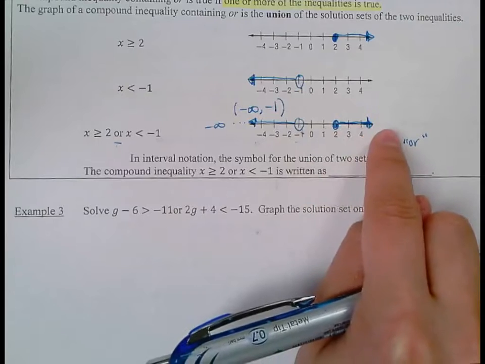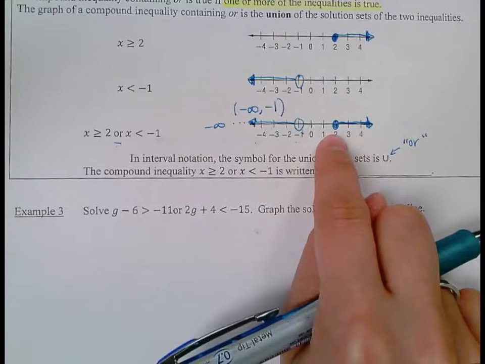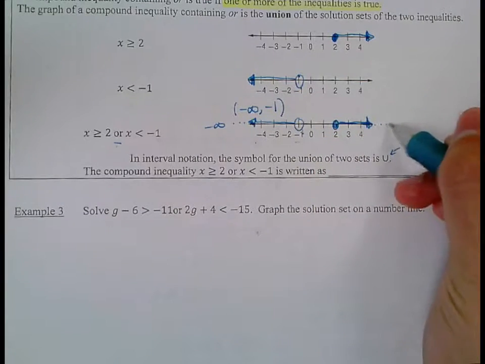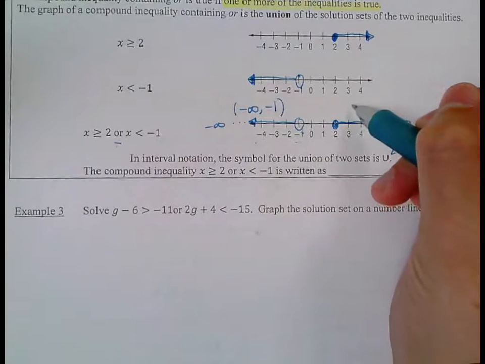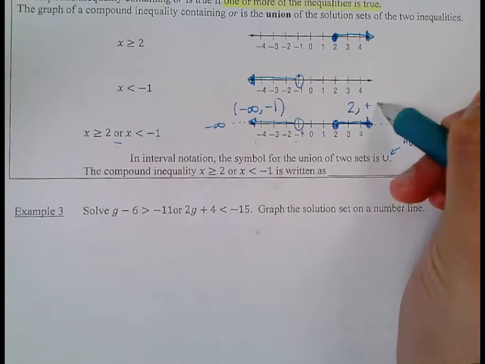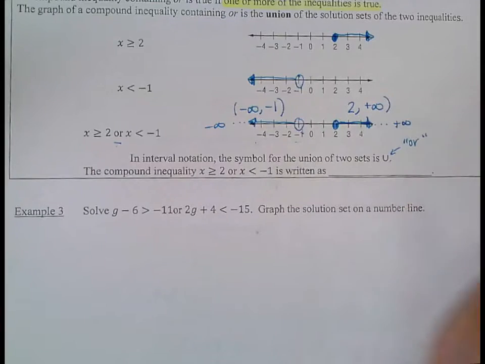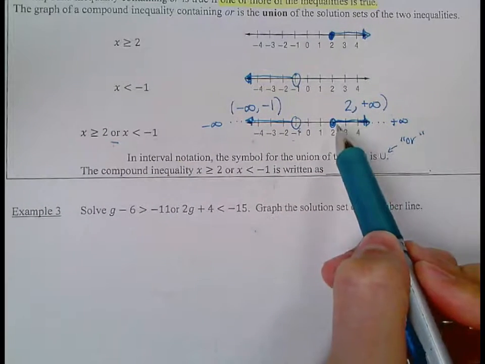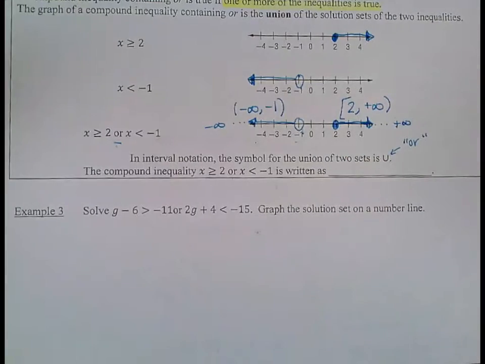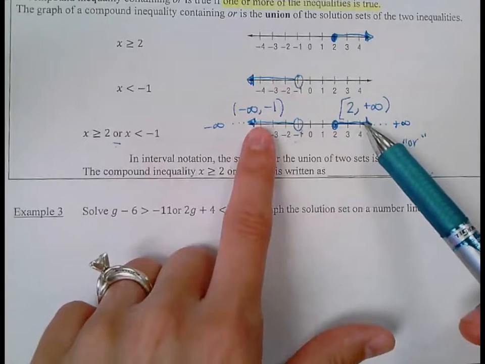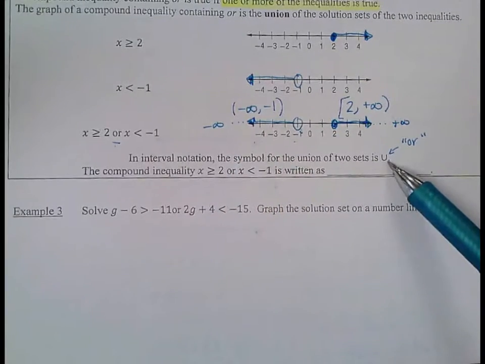And then for the upper half, this one starts at 2 and is shaded all the way up towards +infinity. So I have 2 up to +infinity. Infinity, again, always gets a parenthesis. The 2, because the dot on the graph is included, gets a bracket. So the interval notation then is these 2 put together by the union symbol.